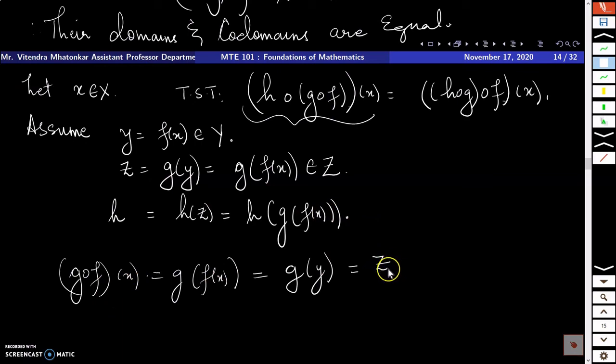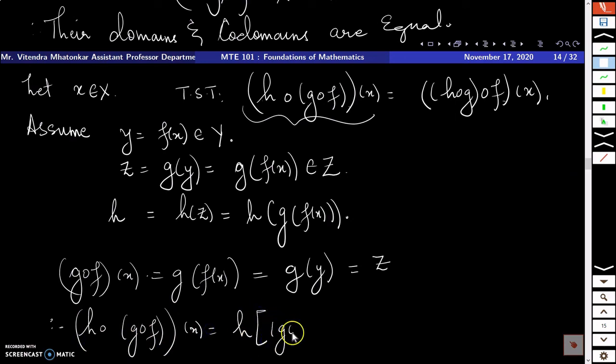I hope that's clear. Now you compose h with g composite f, and therefore h composite g composite f of x will be h of g composite f of x, but this is z and this will be h of z, right? Because just now we have seen that g composite f of x is nothing but z.